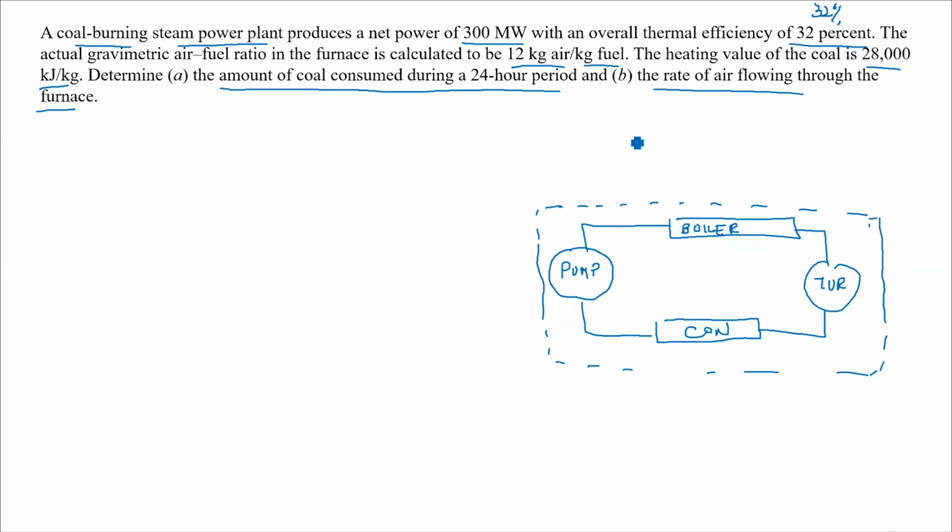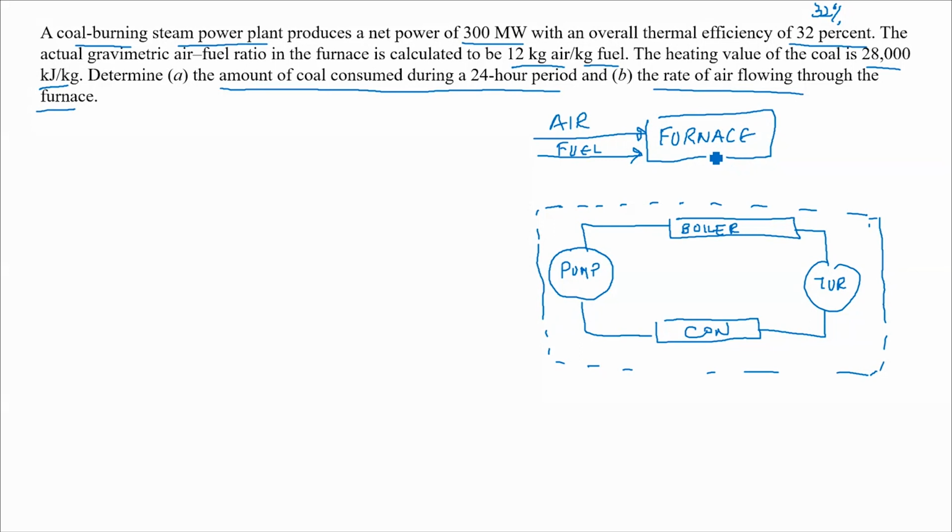Now this is your steam power plant. You have a coal fired furnace over here which is giving you heat. So essentially you have air and fuel coming into the furnace.